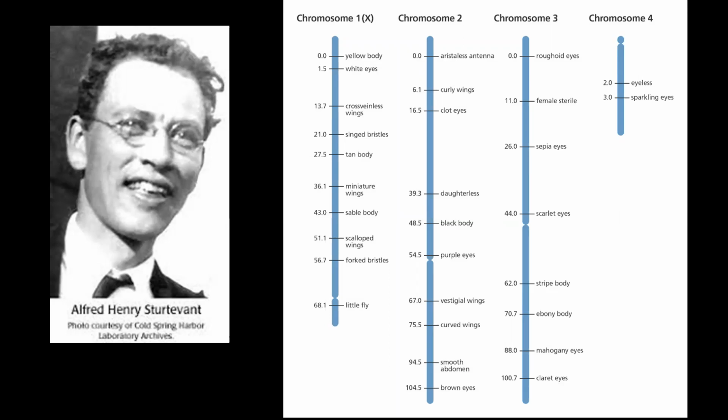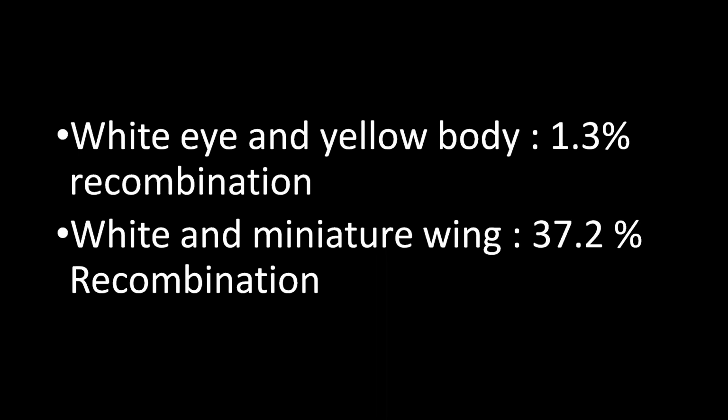That's why there was less recombination. That means these genes are close to each other on the chromosome. Whereas for white eye and miniature wing, there was a lot of recombination, which means they are placed very far apart. He studied the frequency of recombination for different characters, and then he placed the genes.